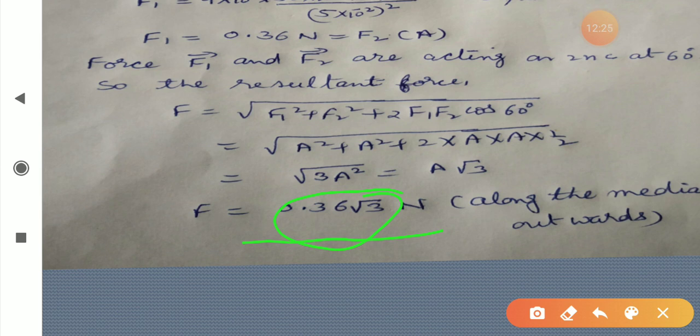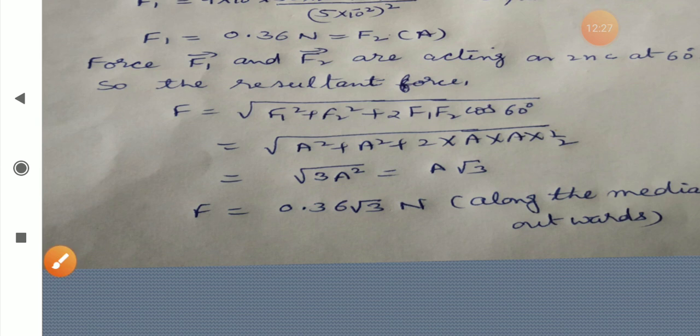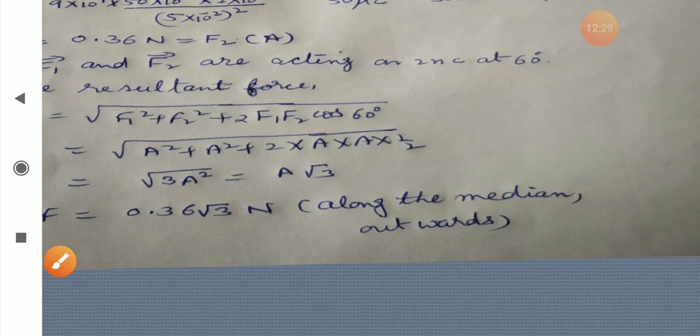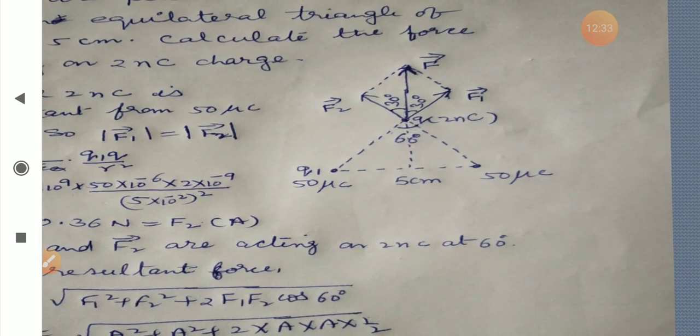Now let us come to the direction of this force, because force is a vector quantity. So only telling the magnitude is not sufficient. We need to find out the direction of this resultant force also. So here you can see that F1 and F2 are equal forces acting at 60 degree. So it's very clear that first we need to complete the parallelogram.